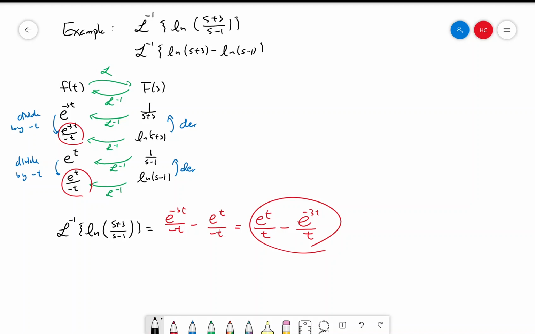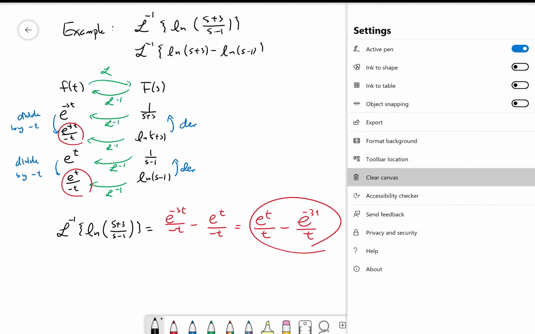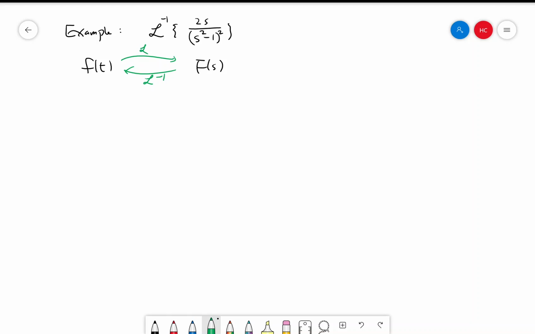Right. One more example. Suppose we want to find the inverse Laplace transform of 2s over s squared minus 1 whole thing squared. So we could use partial fractions, but let's try to use the theorem we just introduced to make things easier. So little f and big F link via L and L inverse.